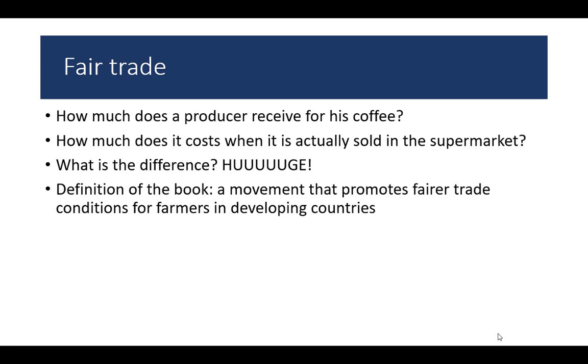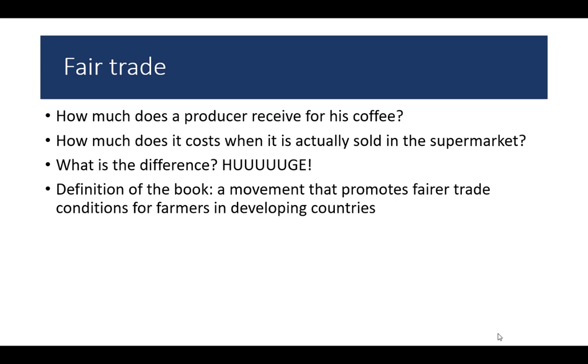The problem also is that of the price in the supermarket, the producer who actually produces the coffee, who works day and night sometimes to produce the best coffee he can, will only receive a little bit of that amount. Most of the profits are made by supermarkets, by roasters, US companies that roast the coffee.